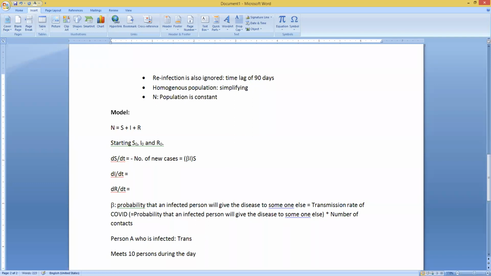So therefore, the transmission rate into how many persons he meets during the day will give us the probability that the infected person is spreading the disease. Okay. So this is for a particular person.